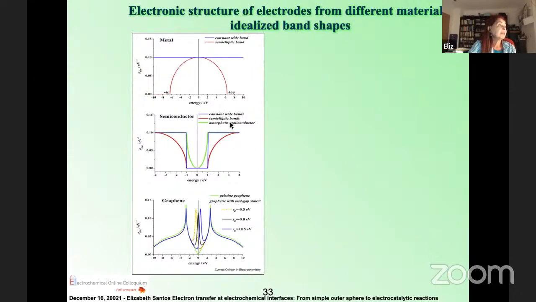In the case of a semiconductor, we can have semi-elliptical bands separated by the band gap, and if we have some defects, we can introduce them in some way through this idealized band. In the case of graphene, the structure of the electronic states is different, and also if we have defects, some states appear in the band gap.